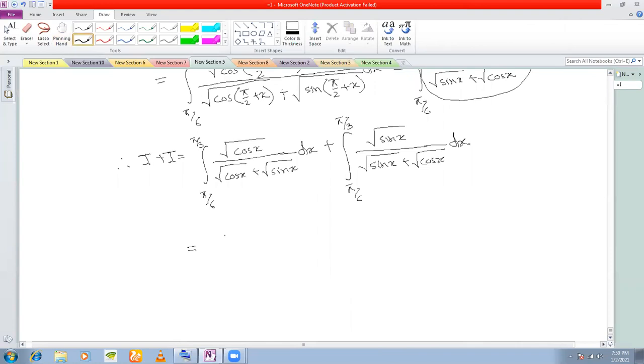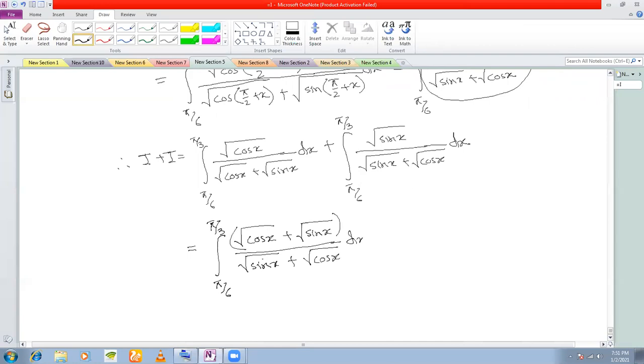which is equal to integral pi by 6 to pi by 3 root cos x plus root sin x divided by root sin x plus root cos x dx. You combine the two integrals. So what happens?